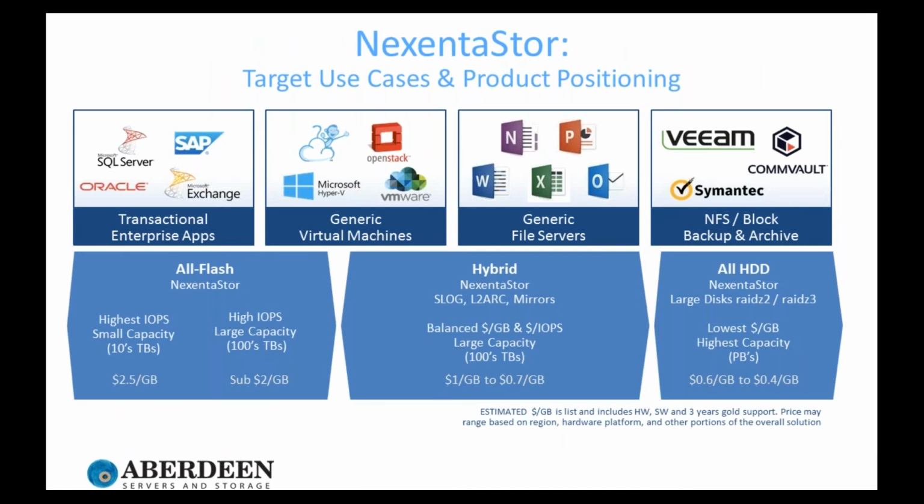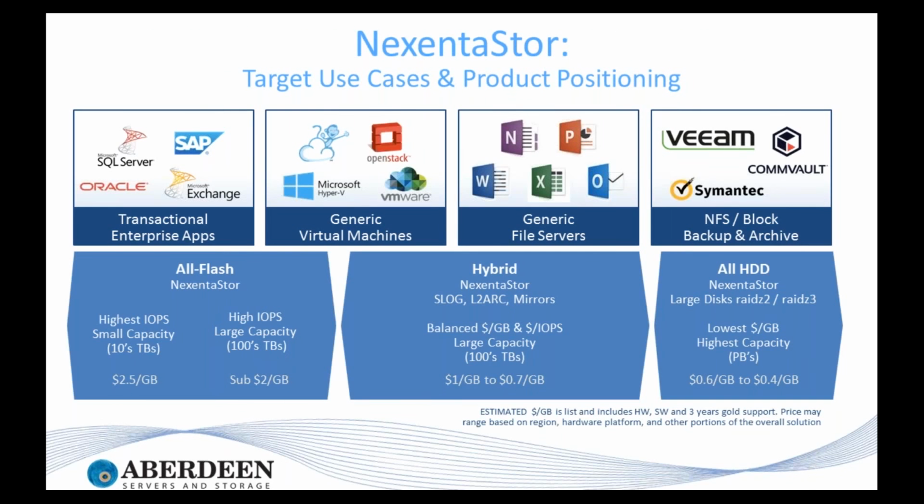So on the next slide, we can see another illustration of this breakdown of use cases. On the right side being backup, archive kind of use cases, all hard drives, using RAID configurations that are high capacity gaining. So you have the lowest dollar per gigabyte, highest capacity. So great configurations on this side. On the left side, we have all flash configurations, transaction on enterprise applications, Exchange, SAP, Microsoft SQL, Oracle.